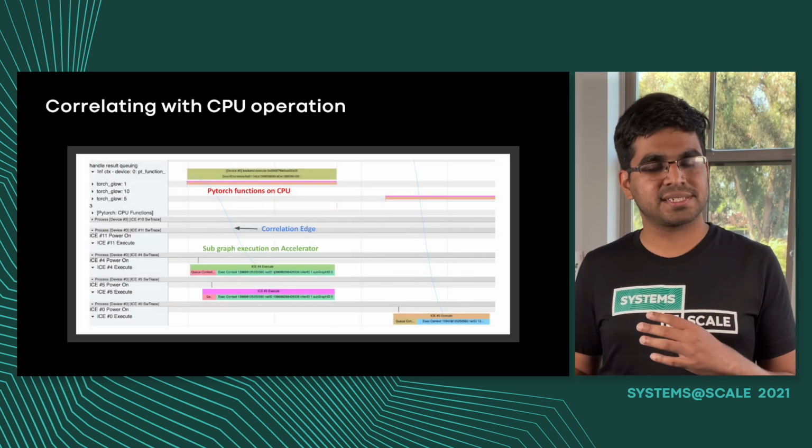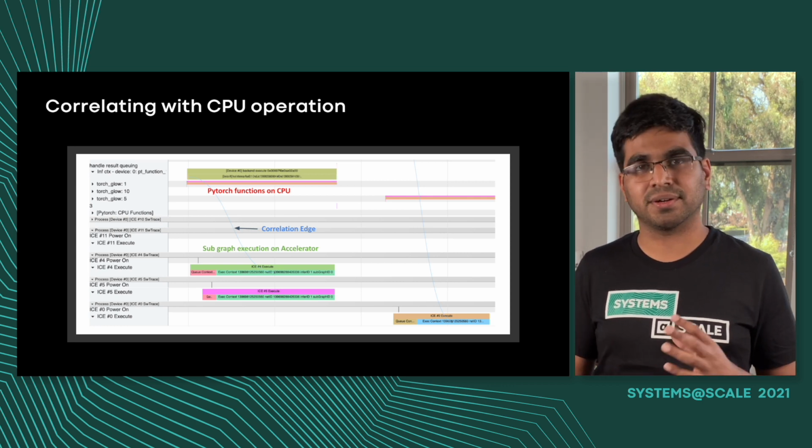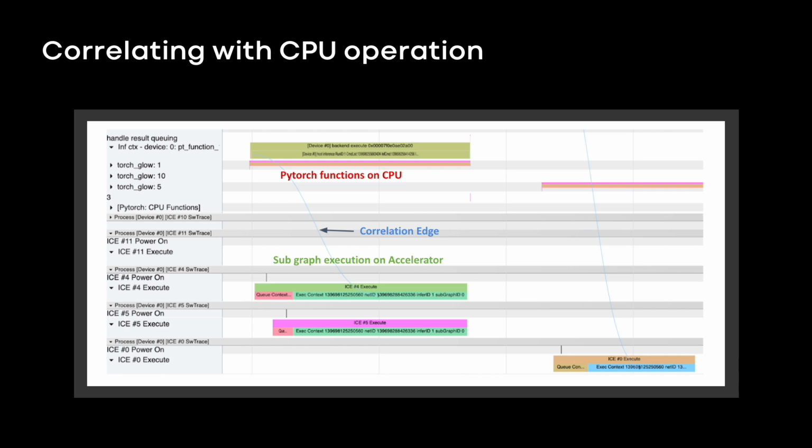One additional step beyond just the accelerator, we've also been working on correlating events happening on the CPU side. For instance, most of our AI models run PyTorch, and the PyTorch framework itself has various types of events. We've built a correlation between what's happening on PyTorch and on our Glow compiler on the CPU side, and events happening on the accelerator side, and we can draw these correlation edges.